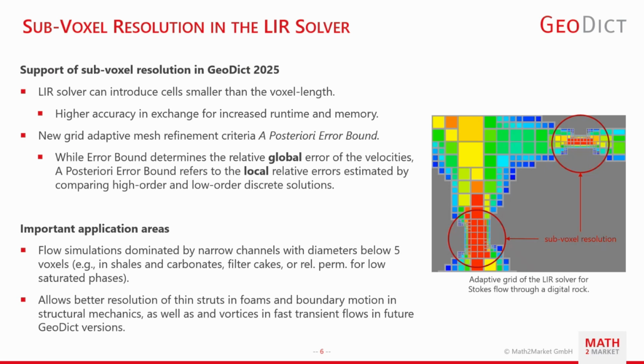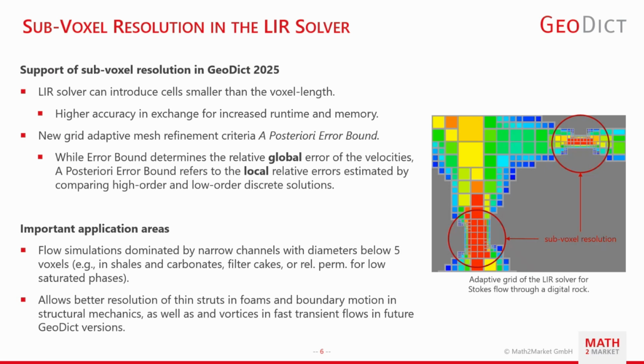To do this, we also implemented a new criterion to predict where new cells should be introduced, and this is called a posteriori error bound. You may already know the error bound stopping criterion, and this works like it tries to predict the final solution, and the solver stops relative to this prediction. And we do something similar also here.